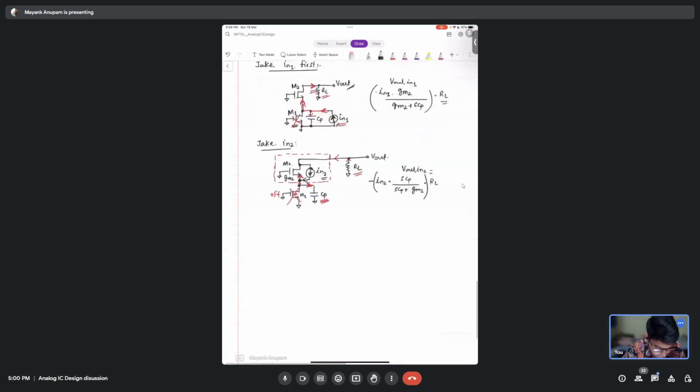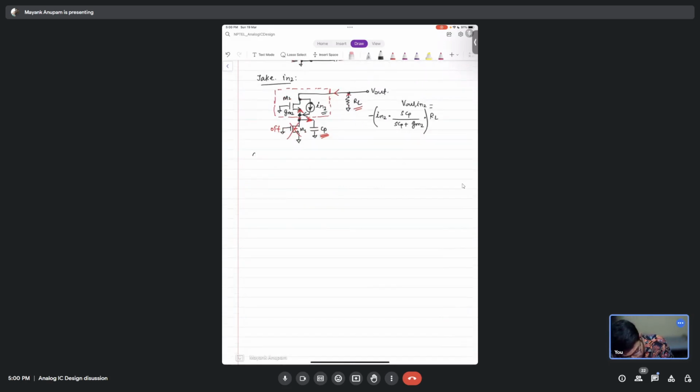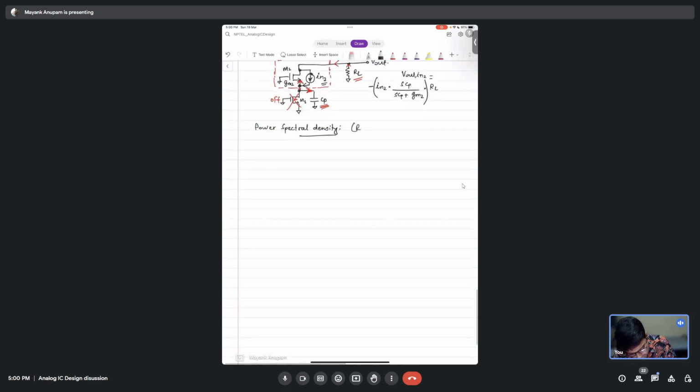Now, to find the power spectral density, what do we do? Replace S by j2πf and take the magnitude square.